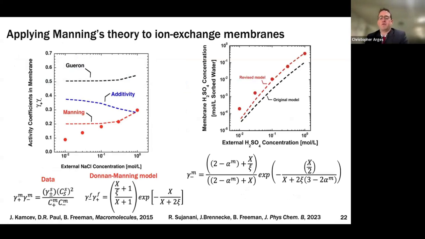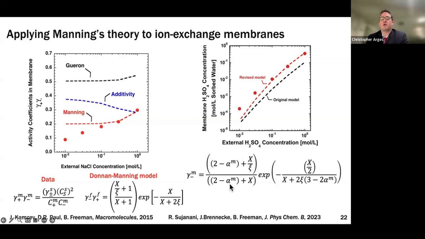Benny Freeman's team has extended this model further. So this is actually sulfuric acid within a membrane. So this is a divalent anion and then two monovalent cations here. And they show that this model can be quite effective. Here you're looking just at the activity coefficient of the sulfate anion within the membrane. In this correction, they have this alpha value in addition to that Manning parameter and the co-ion inclusion value.